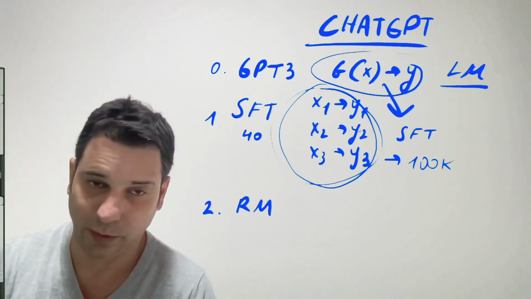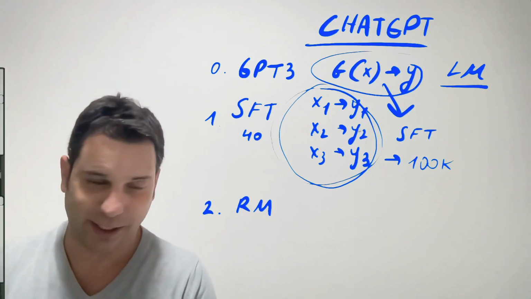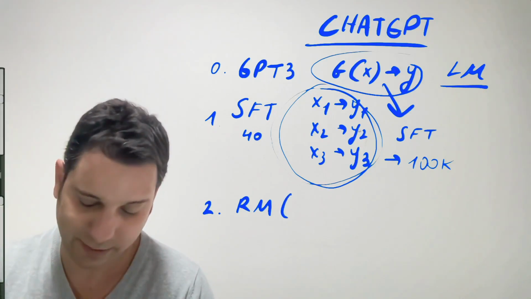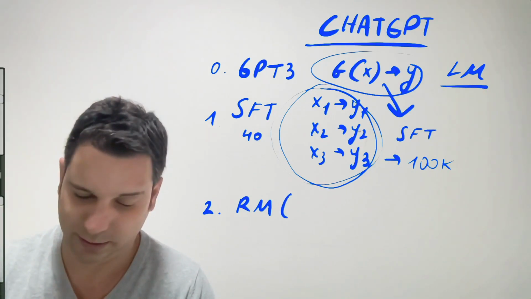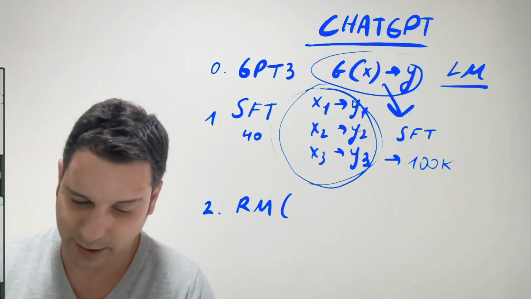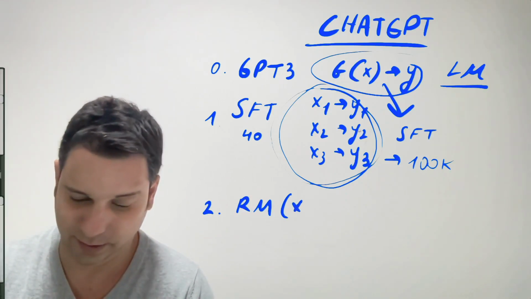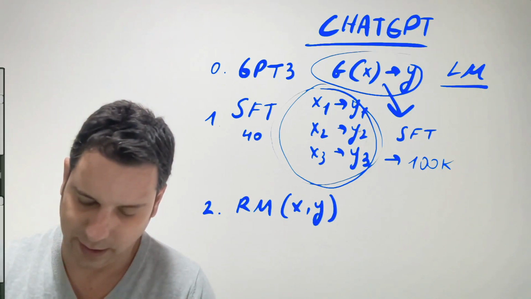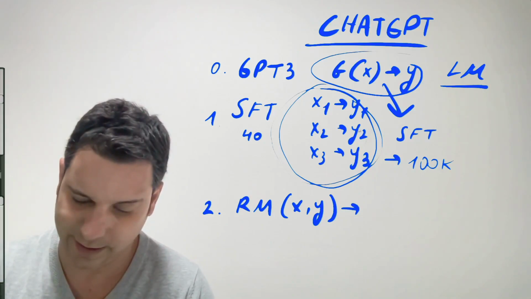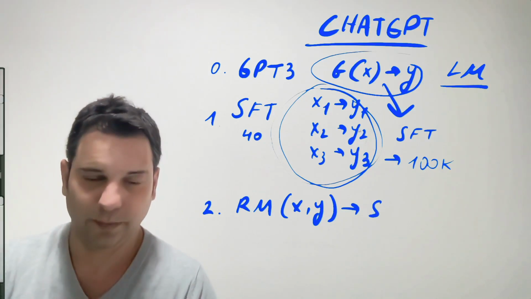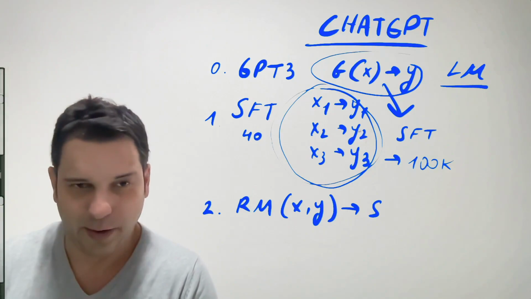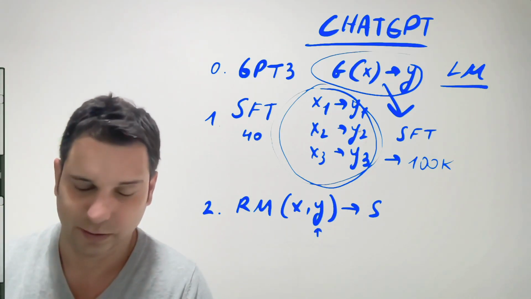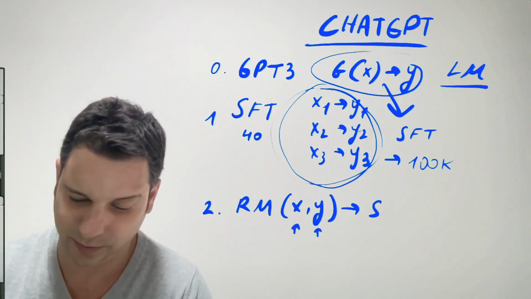The reward model is, again, a neural network, almost the same architecture, that takes two inputs, not one: an input or a prompt and a response. And then it tries to find a number, a score, that says how good the answer Y is to the question or to the prompt X.